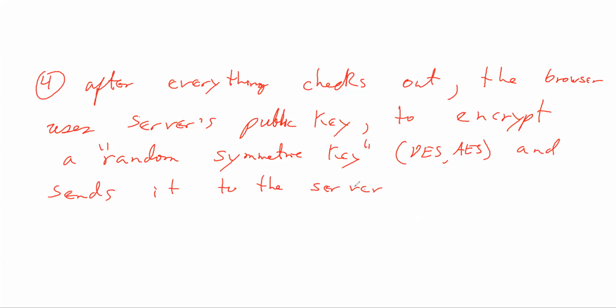So you can see that here, after everything checks out, the browser uses the server's public key to encrypt a random symmetric key and sends it back to the server. Okay? And it might send some metadata as well, but it's all encrypted with that public key.